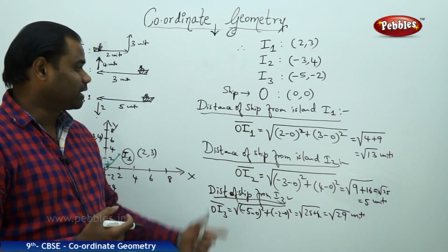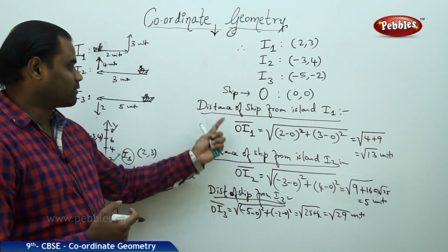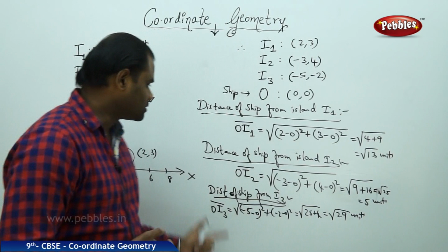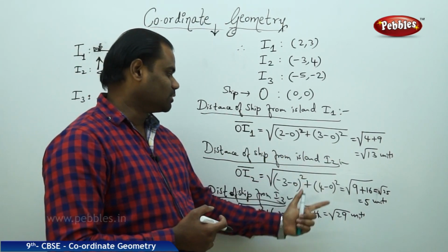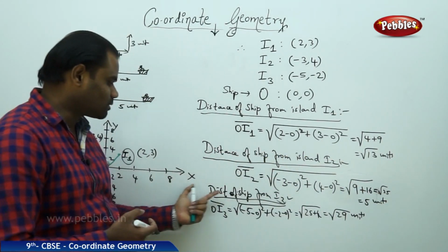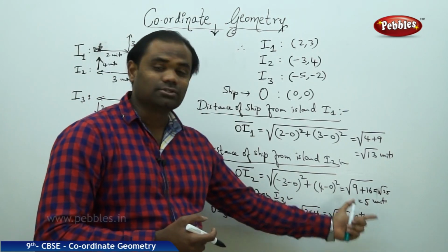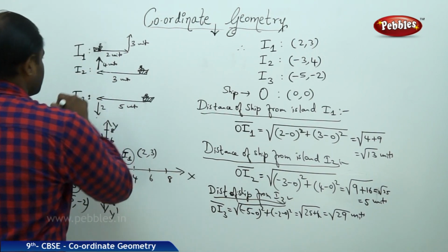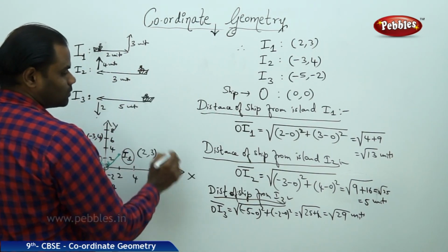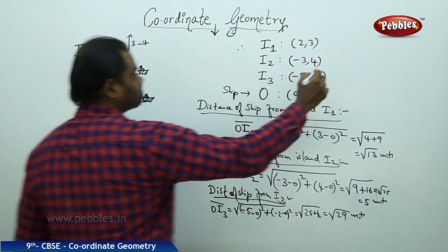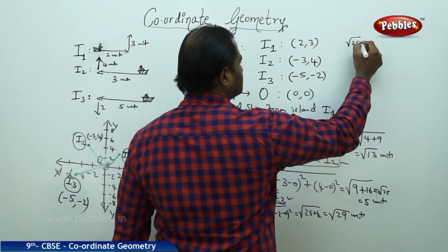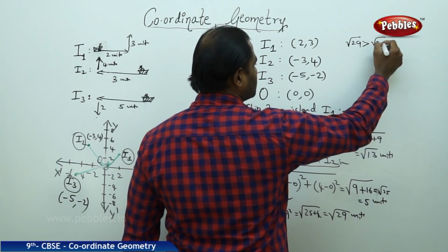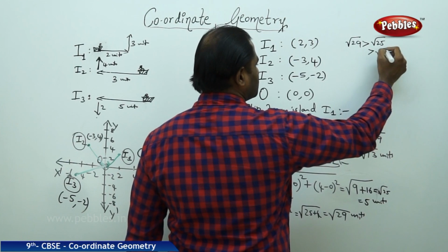Therefore, by verifying through the 3 different distances, I find that the distance of the ship from island I1 is root 13 units, from island I2 is 5 units, and from island I3 is root 29 units. So I see clearly that root 29 is greater than root 25 which is greater than root 13.